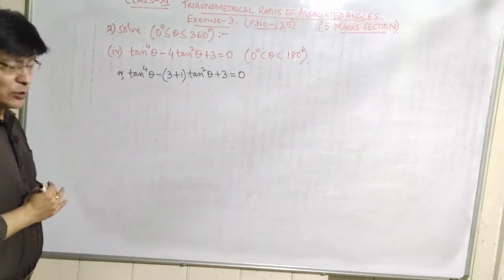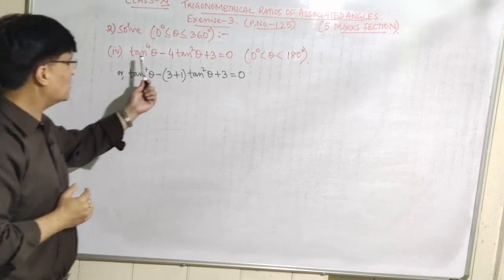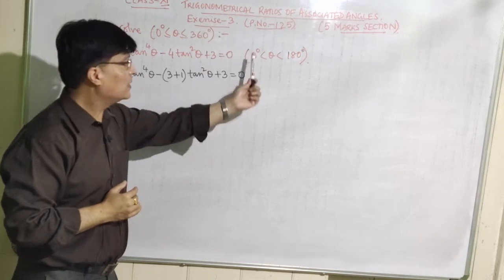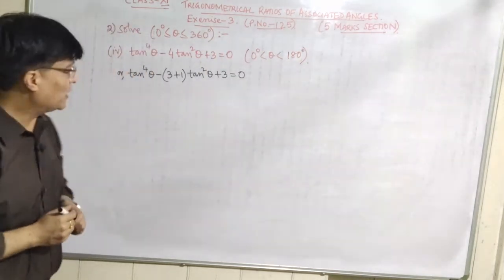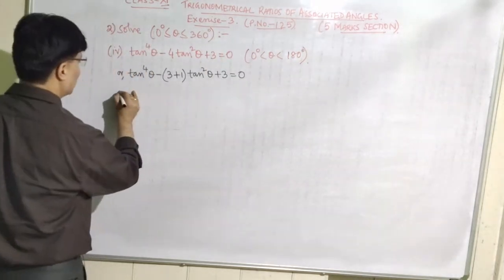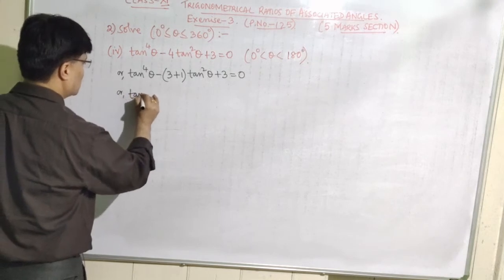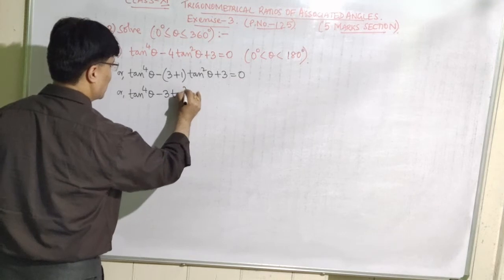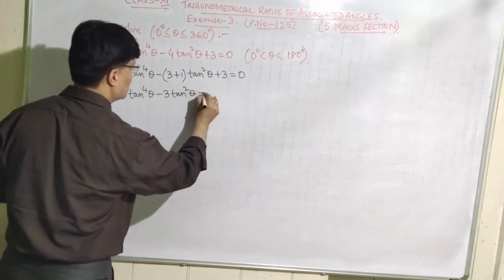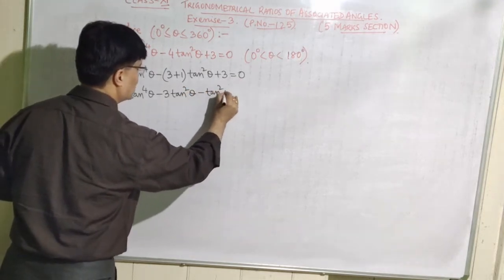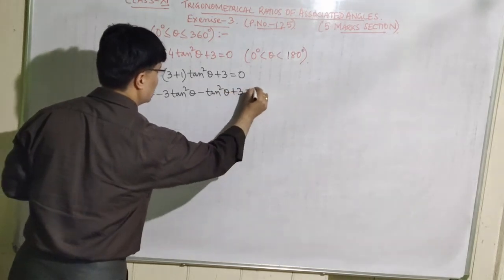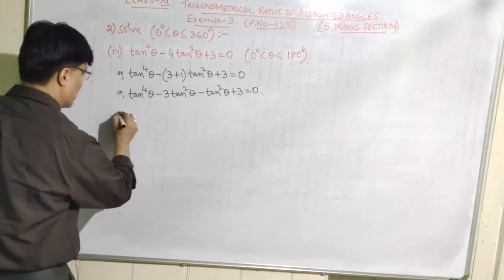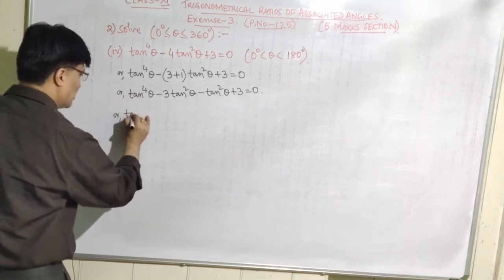I already told you that for this question, this is the given condition. Let us simplify it: tan to the power 4 theta minus 3 tan square theta minus tan square theta plus 3 is equal to 0. Let us take common from the first two terms. What is common here?